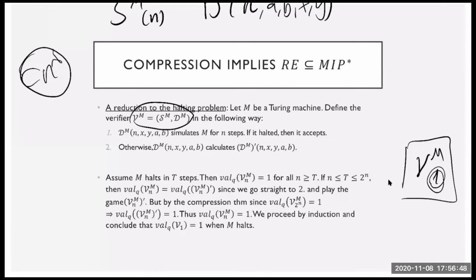This is clear. But also, if t is between n and 2 to the n, you just use the induction once, and you deduce that the value of this game is 1. And if n is even smaller than log of t, you do the induction twice, and so on.